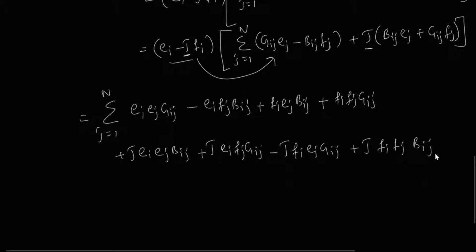Okay, so if this is Pi minus jQi, I write down real and imaginary parts separately.